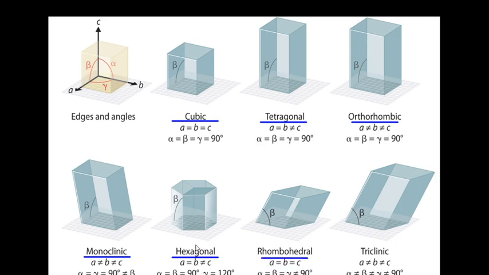Then the rhombohedral is again 100% a squeeze related to the cube, because A, B and C are equal, but when you push this cubic structure from this side or this side, one of the angles becomes distorted. So alpha and beta are 90, but gamma is not 90, right?